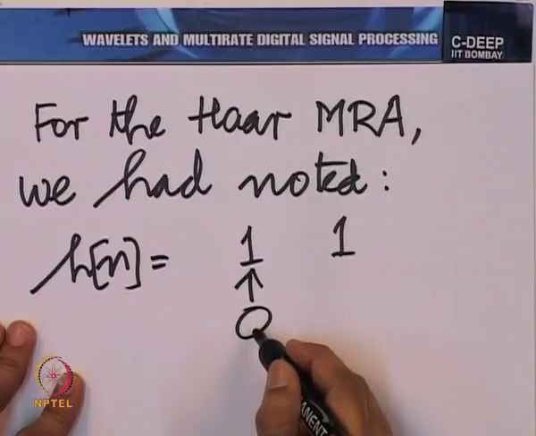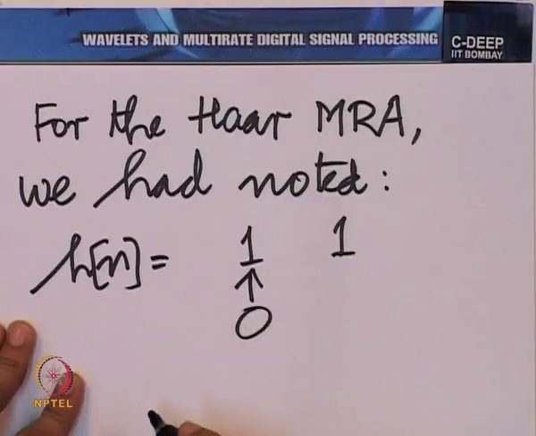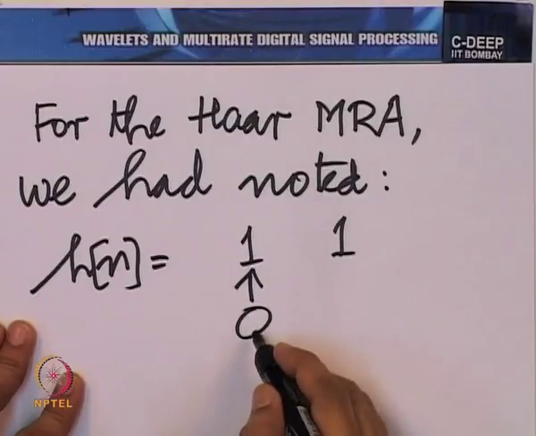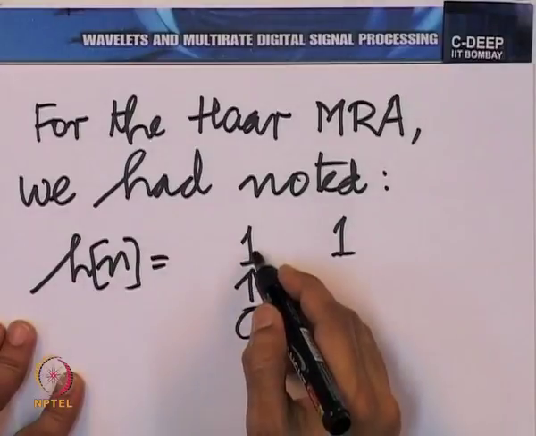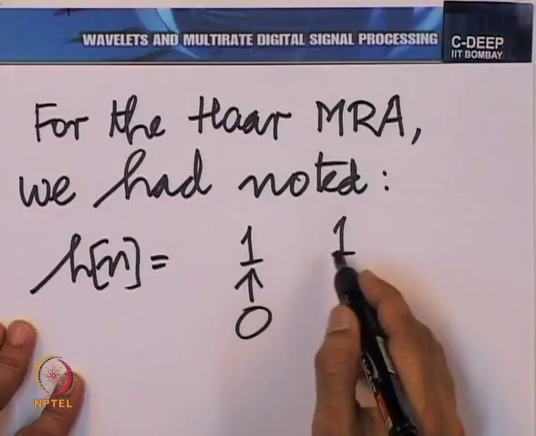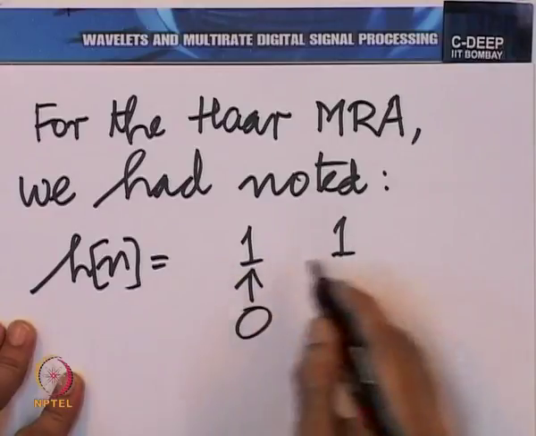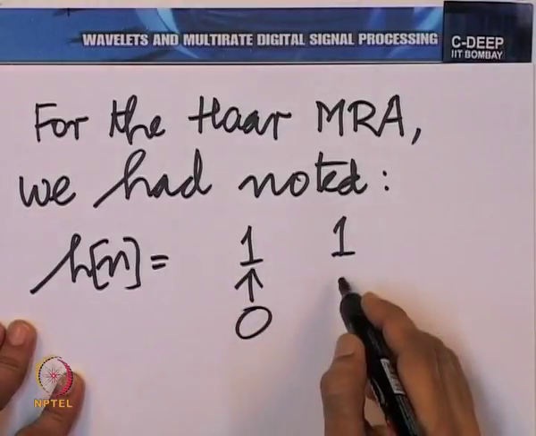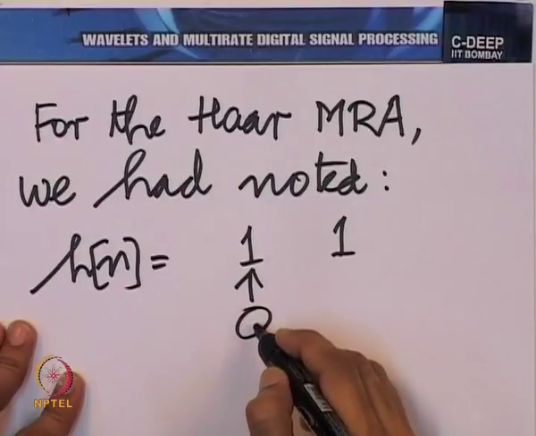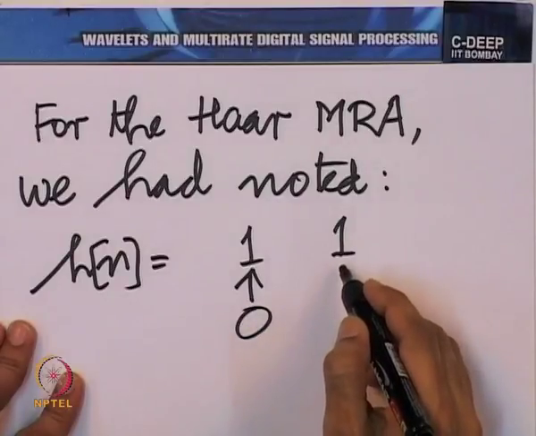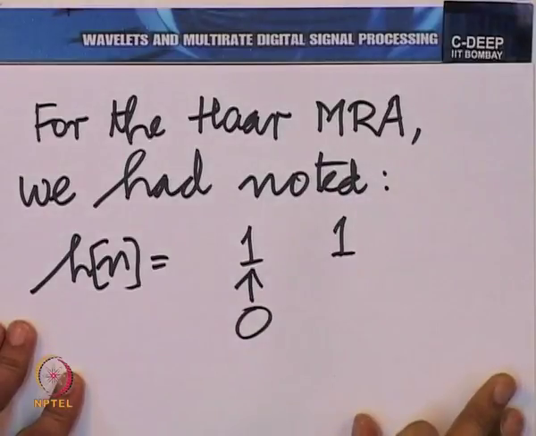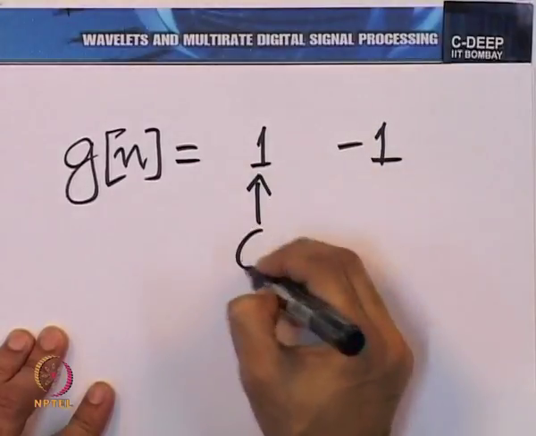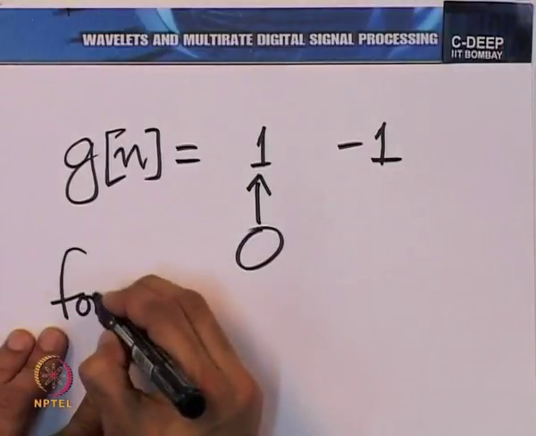Recall that this is a way of denoting finite length sequences, and this means that at n equal to 0, the value of the sequence is 1, and then points after and before take values as shown. So, for example, here if this is n equal to 0, this is going to be n equal to 1, and of course, other points which are not shown are automatically 0. g n is this for the Haar system.